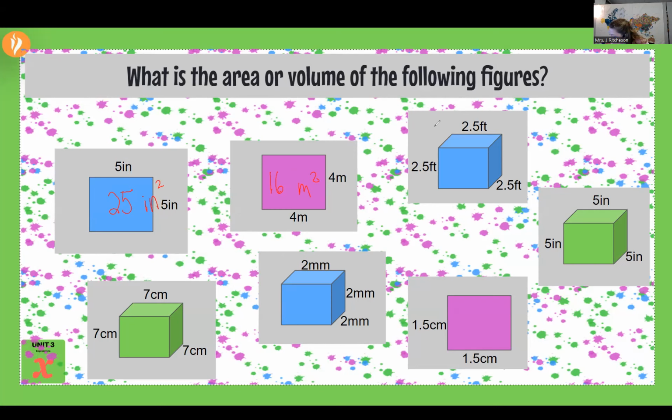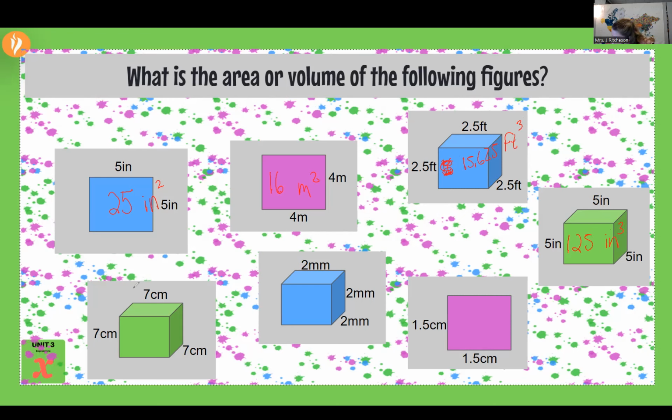All right, 2.5 cubed is 15.625, 15.625 feet cubed. What would this cube be? 5 times 5 times 5 is 125 inches cubed.